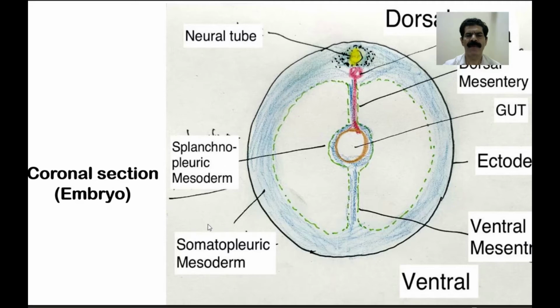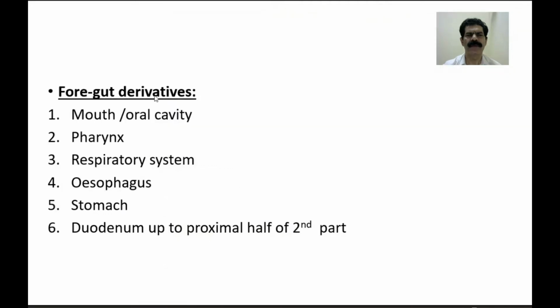Now we will take one by one the derivatives of the foregut, midgut, and hindgut. The foregut will give rise to the mouth, oral cavity, pharynx, respiratory system, and esophagus, which we have already done. The stomach and duodenum are also derived from the foregut.